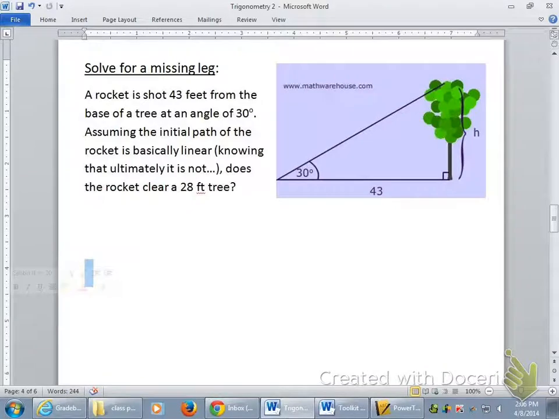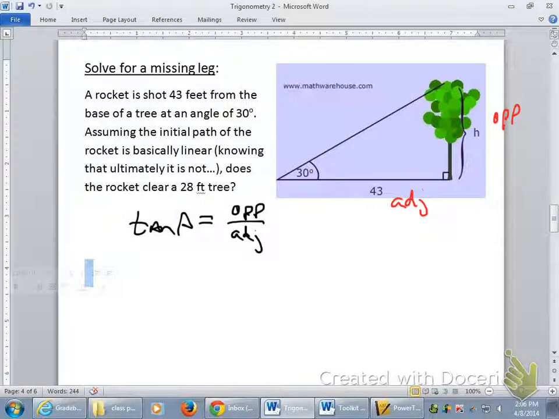All right. So the information they've given us, where is the 43 compared to the 30? Adjacent. And the H is where? So which definition most clearly uses those? That's tangent. So we want to write down that the tangent of my angle is equal to opposite over adjacent.